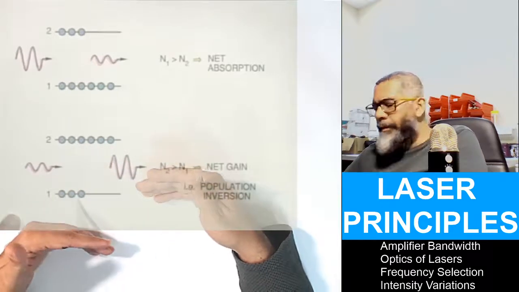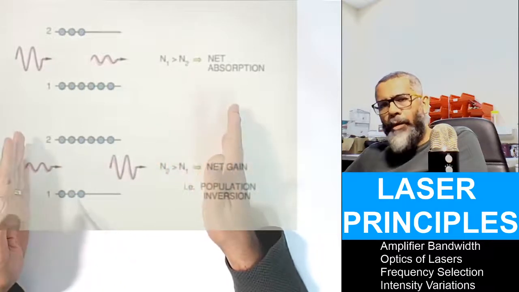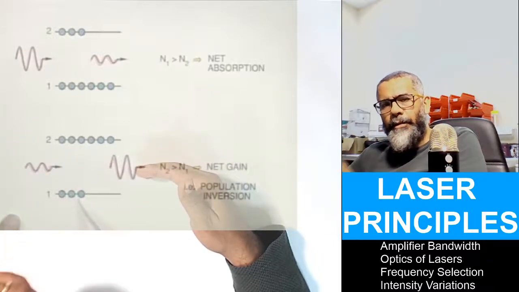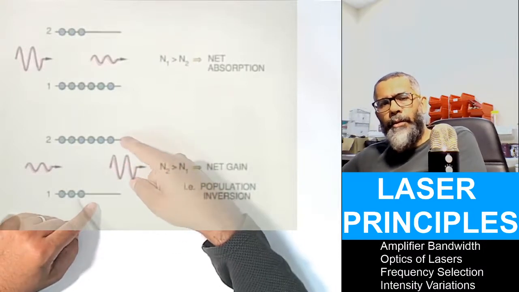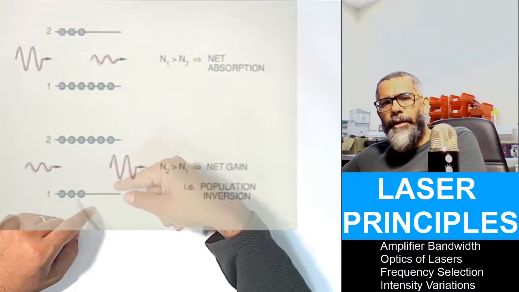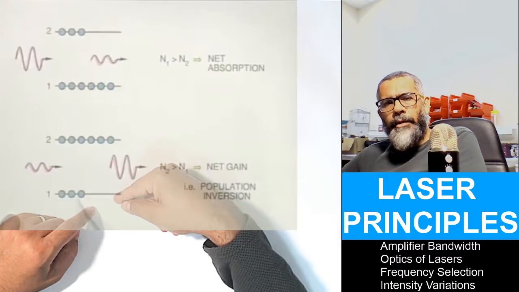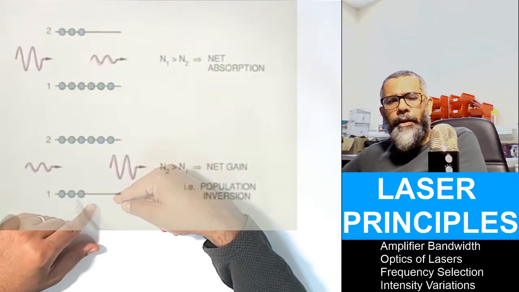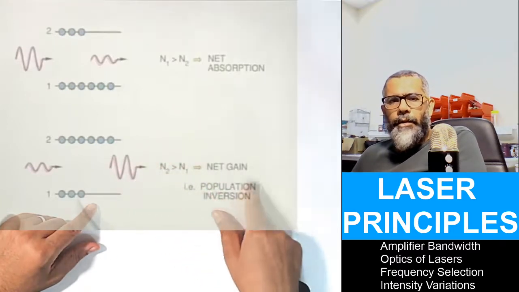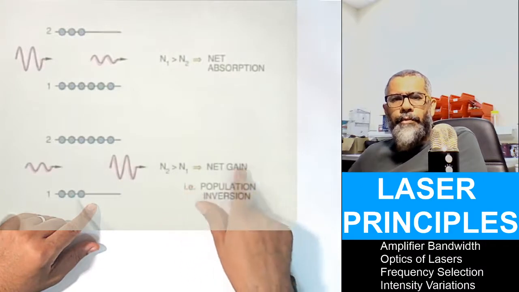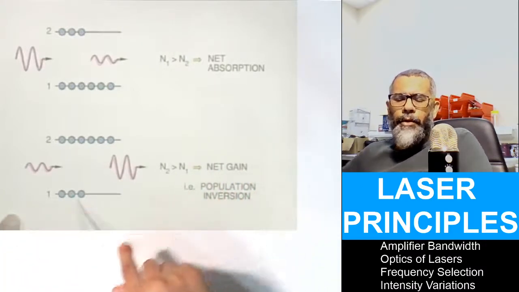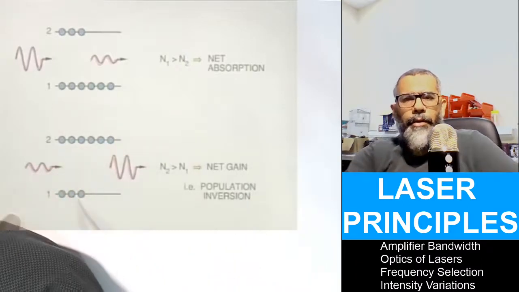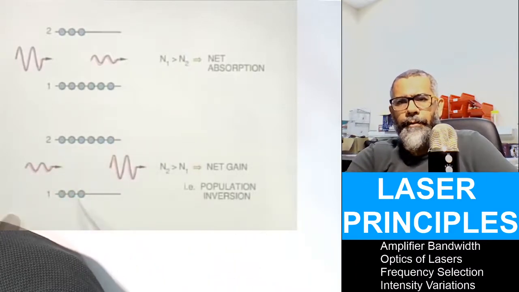If you want your optical resonator to act like a laser, the first condition is that the number of atoms at the excited level must be higher than the atoms in the ground state, and this case is referred to as population inversion. You must first have population inversion in order to start your laser working.